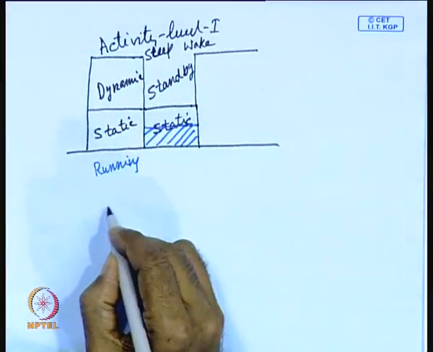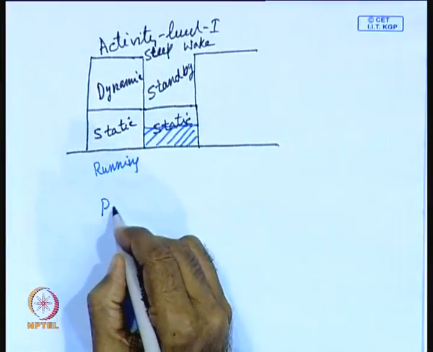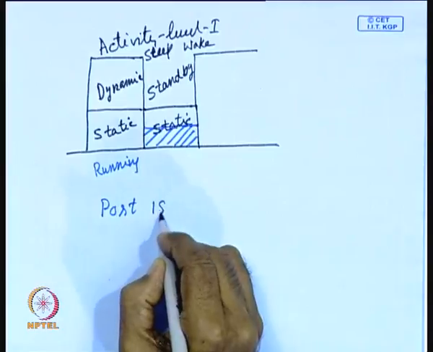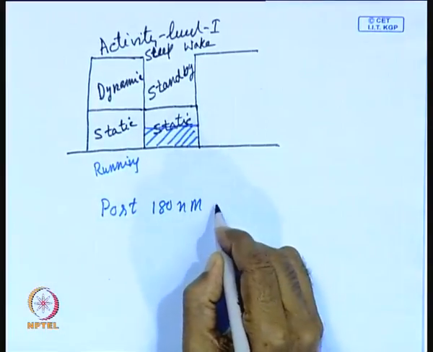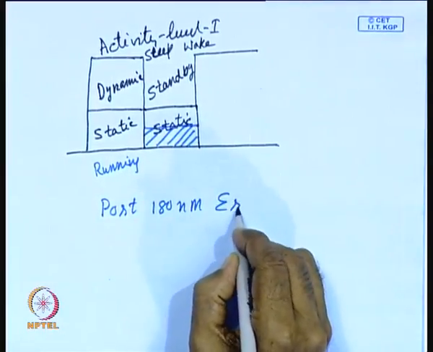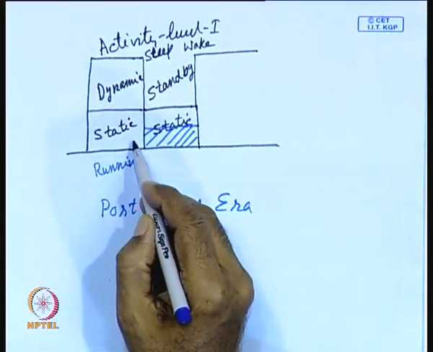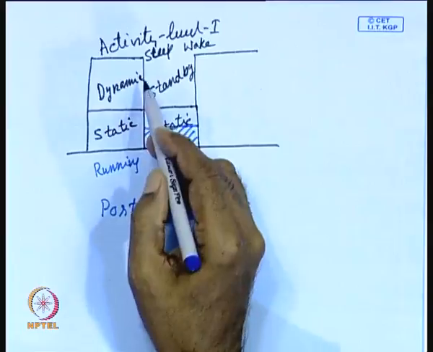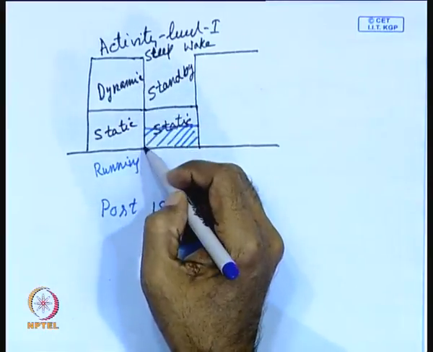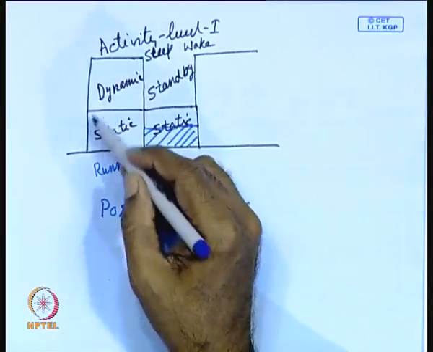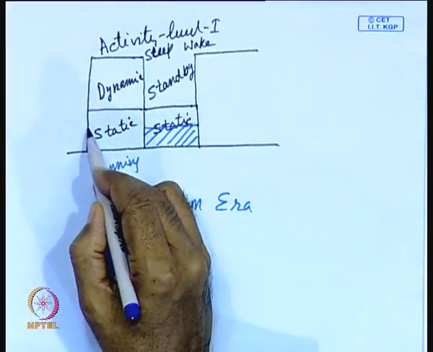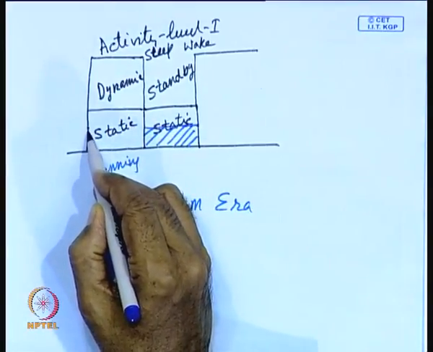Now, in the post 180 nanometer era, what we are observing is that static power dissipation is also significant. So, when the circuit is in normal mode of operation or when the circuit is running, we would like to reduce the static power dissipation as well.